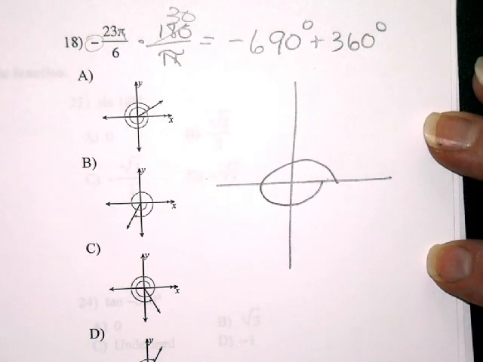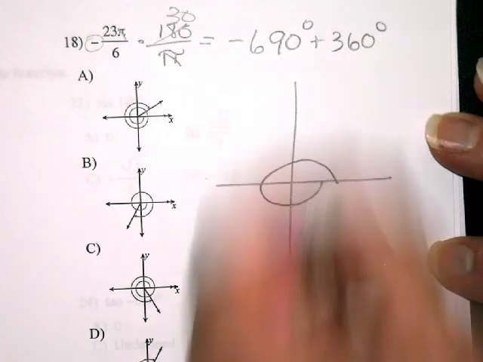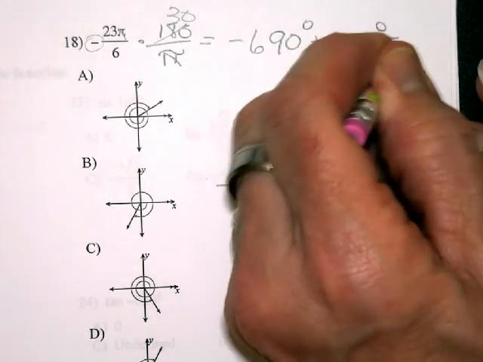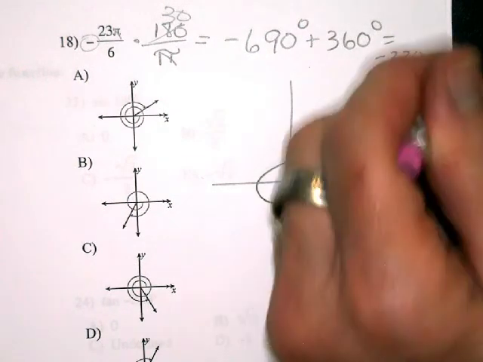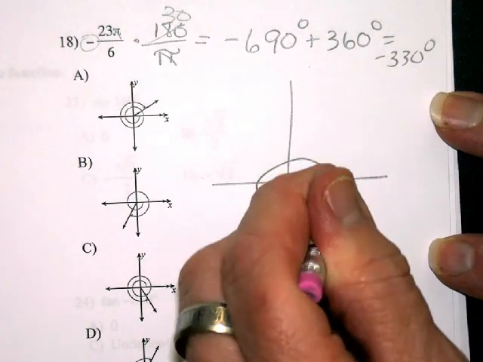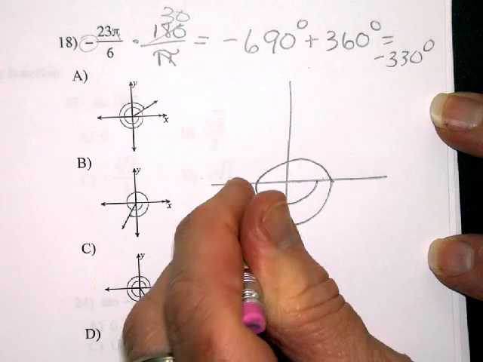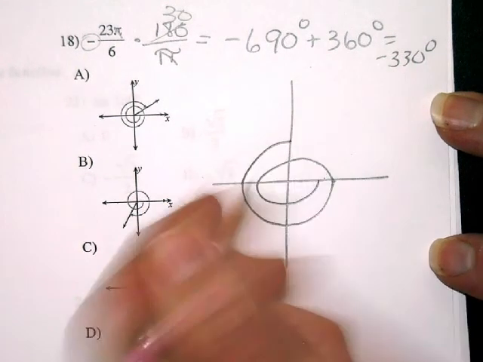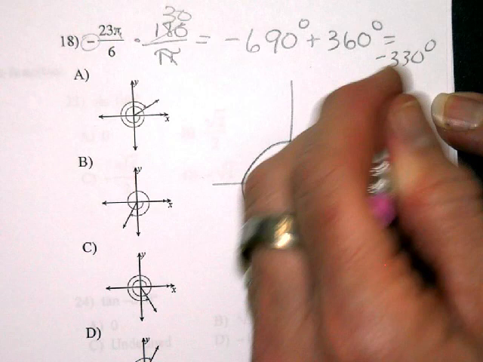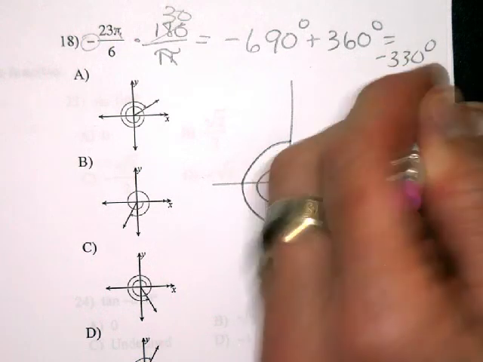I'm going to go backwards. Here is 360. That is a negative 330 yet. I have to do more so I don't go a whole another rotation. Here is 180.